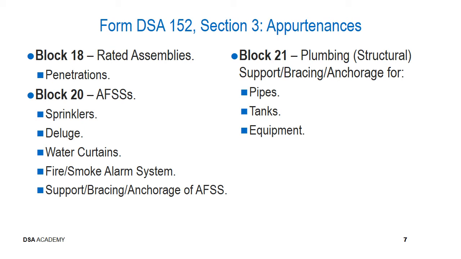Block 20, set aside for automatic fire sprinkler systems, may require some initialing for sprinklers, deluge sprinkler systems, water curtains, fire and smoke alarm systems, and support bracing or anchorage of an automatic fire sprinkler system. Block 21 is set aside for plumbing, and obviously structural support bracing and anchorage would be included for any pipes, tanks, or equipment that are installed on the project.